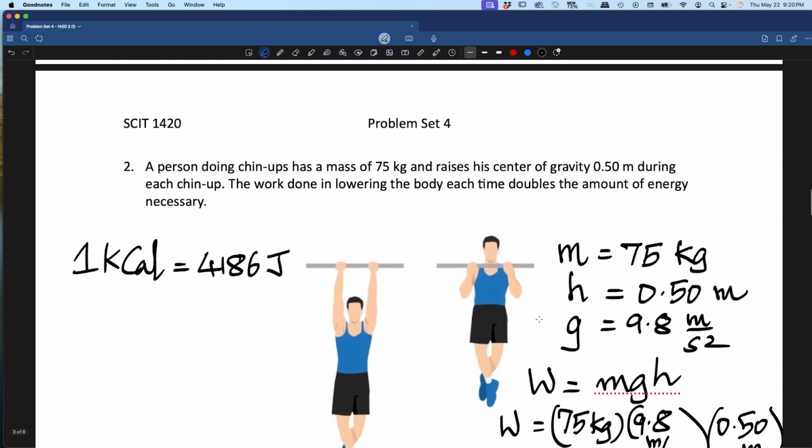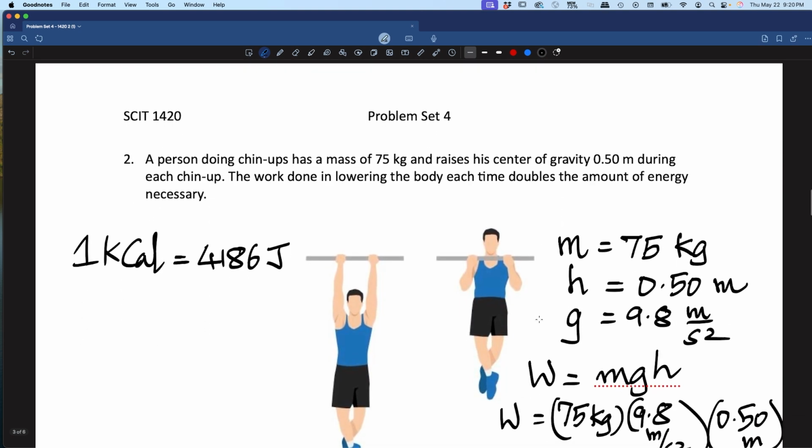All right, let's go to number 2. A person doing chin-ups has a mass of 75 kilogram and raises his center of gravity 0.5 meter during each chin-up. The work done in lowering the body each time doubles the amount of energy necessary. Okay, so the mass of the person is 75 kilogram. The height is 0.50 meter.